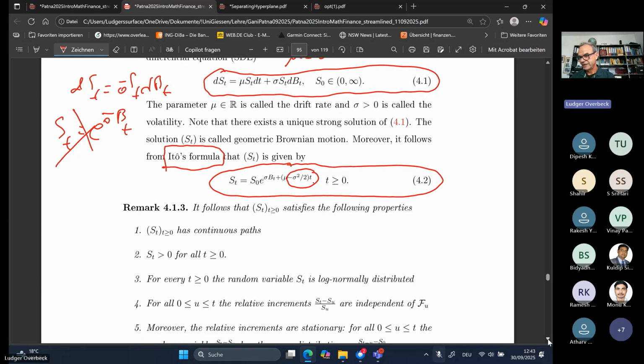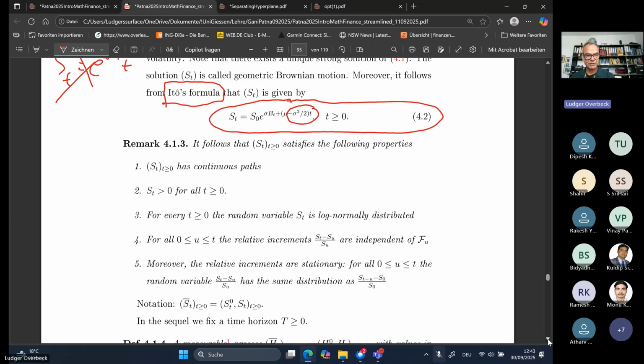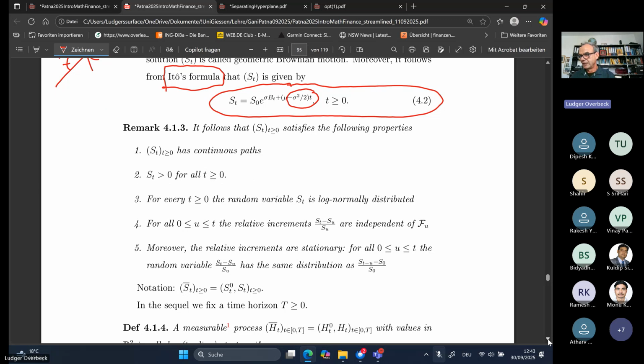Ito's formula is very important, and I will also give it at some point in time. But let's now see what our S_t is. It also has continuous paths, and for each fixed t, it's log normally distributed. This means the log of S_t is normally distributed. Of course, it's not standard normal, it has some parameters. The mean is mu minus sigma squared over 2 times t, that's the expectation, and then the volatility.